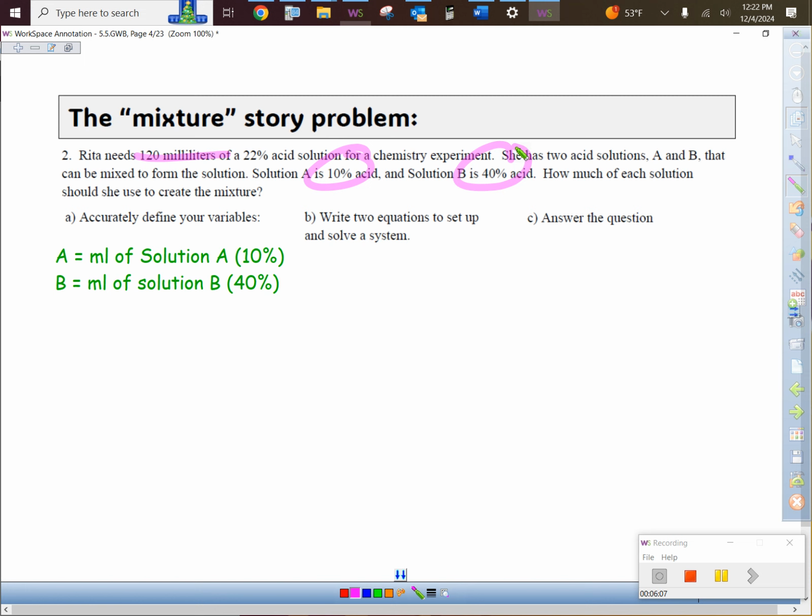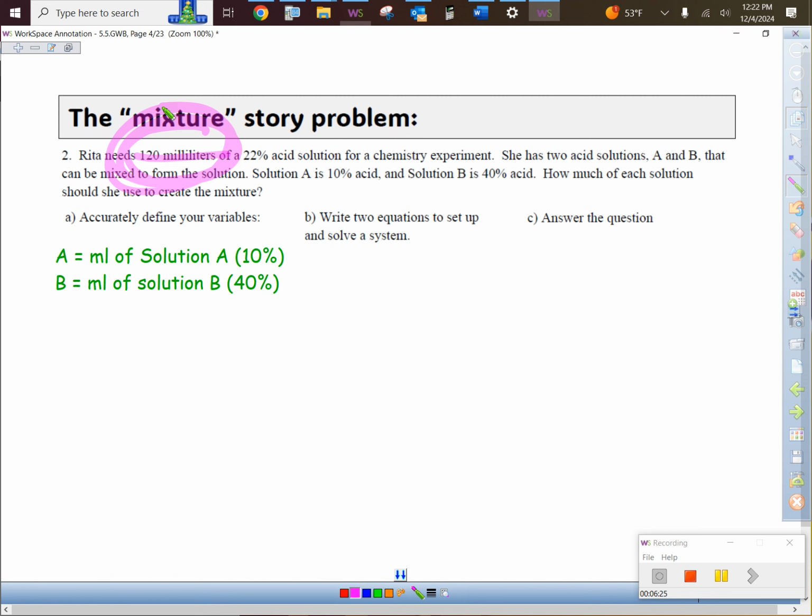So writing the equations is kind of weird. Guess what this guy is? The 120. The one that doesn't have a percent by it, he is a total. Could you tell me how many milliliters of solution A they poured into the cup? A, right? Sometimes we call it X, like we don't know it, so they made up a letter for it and we're calling it A. How many milliliters of the 40% did they pour into the cup?